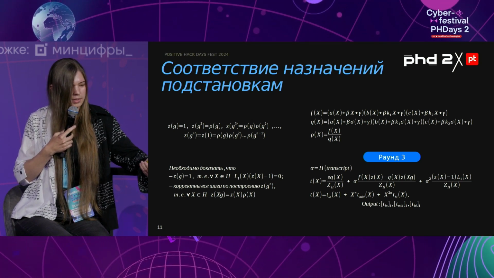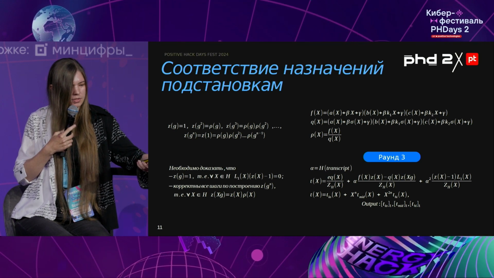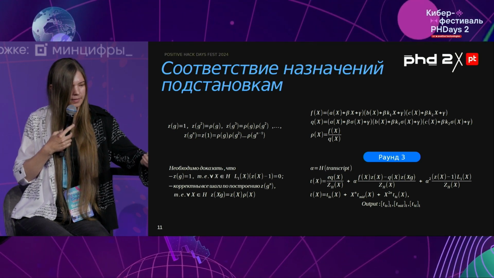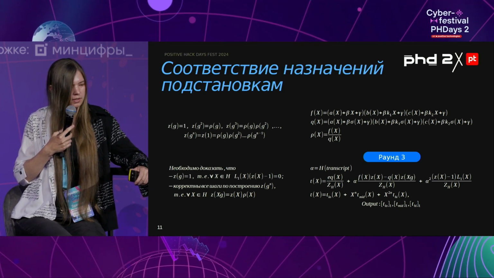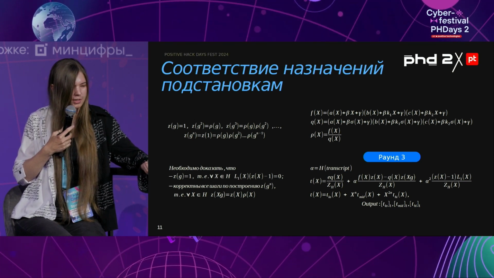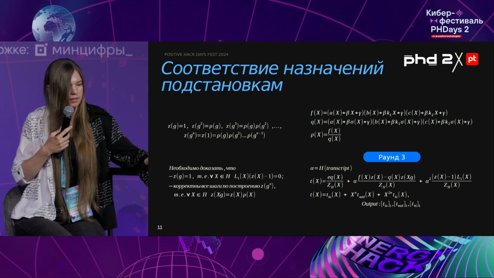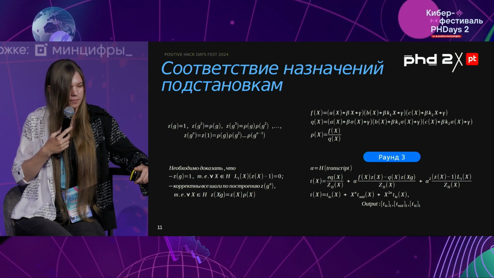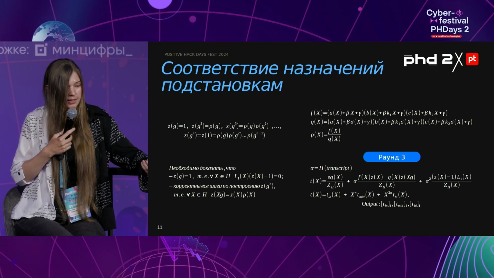In the second component, we see that z of x minus z of x g, multiplied by f of x and q r x, equals 0.